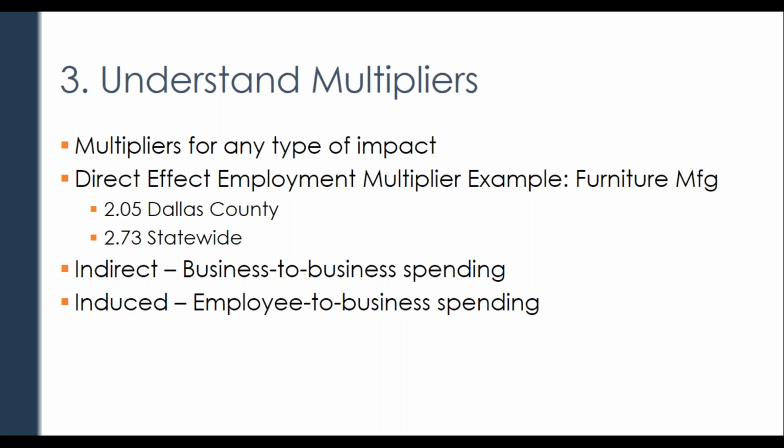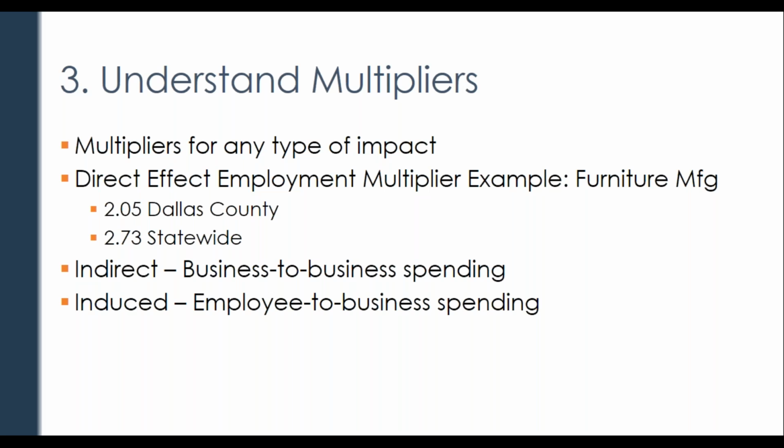When you say spin-off, it could mean just the indirect, or it could mean indirect and induced. Indirect really means the business to business spending. If we have a furniture manufacturer spending money on their suppliers, and you follow all of the spending back through that supply chain, that is the indirect activity.